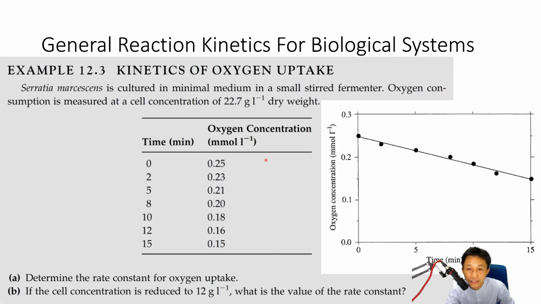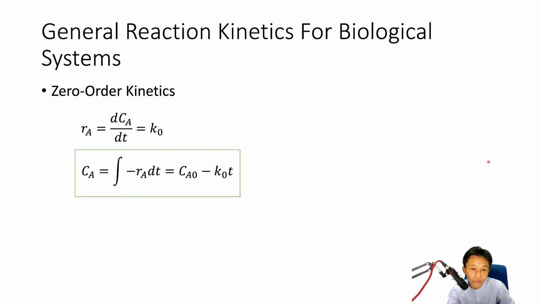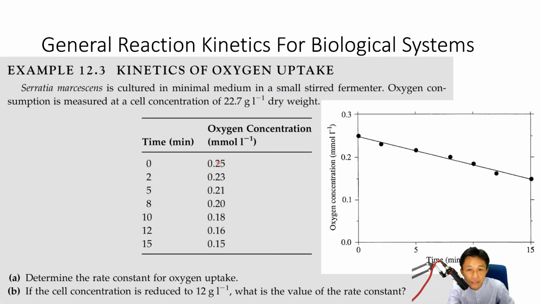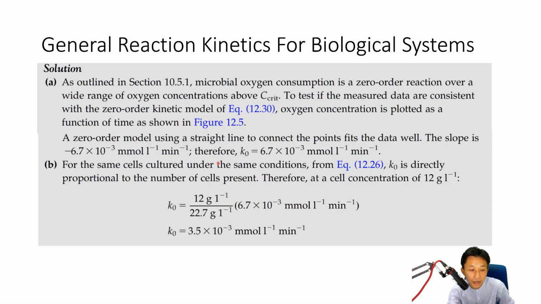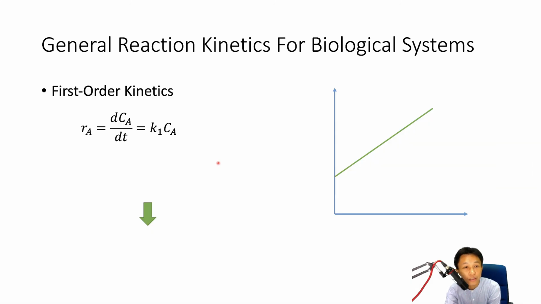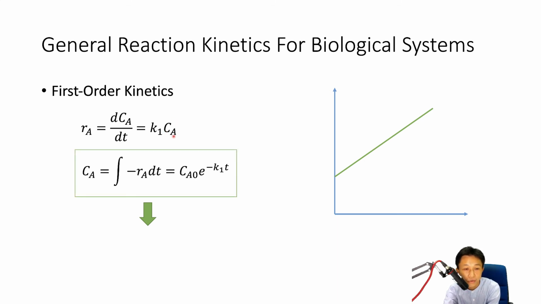Okay, the first thing is you look at the graph, and the slope of this one is K0. That is the zero order reaction, and we continue with the first order. You can see this is the first order, and if you integrate, it becomes this one.